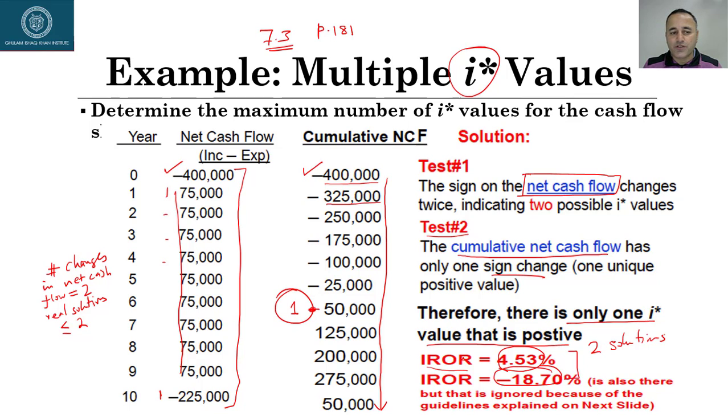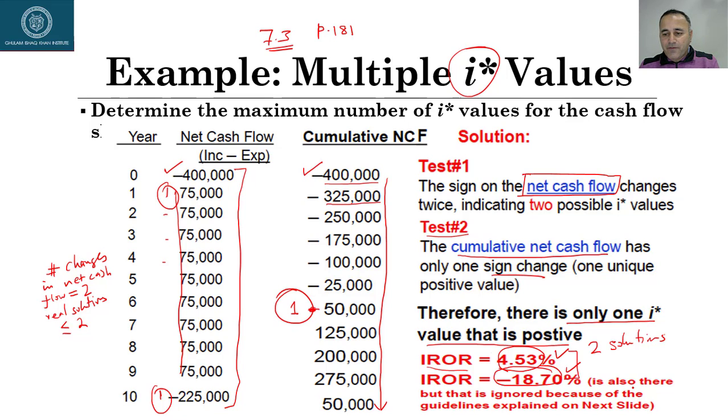So 2 sign changes here, one is here, one is here, and that's why we have 2 solutions. The Nordstrom criteria says if the cumulative net cash flow starts negatively, and if there is only 1 change in the sign, there is one positive solution, which is here, the plus 4.53.